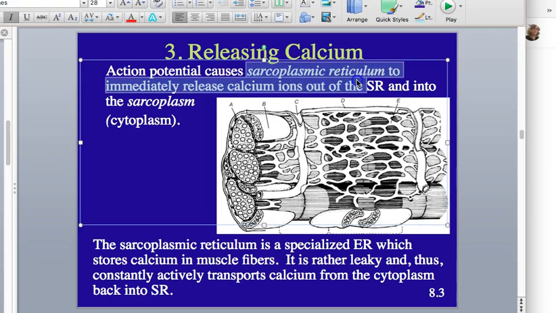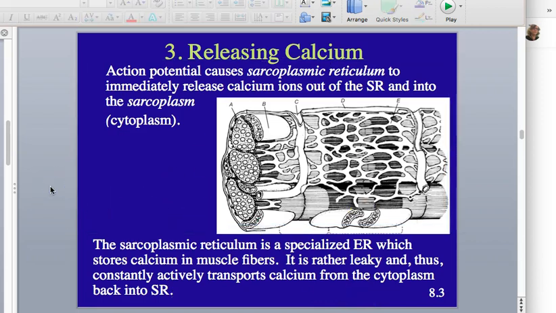The sarcoplasmic reticulum for all this time has been containing calcium. So that action potential, which activates all of the sarcolemma, causes the sarcoplasmic reticulum to release calcium. Sweet! Now we have calcium that's been released, and we know we need calcium in order to get the actin and the myosin to talk to each other. Awesome. Anything else? No. Okay, that's it.